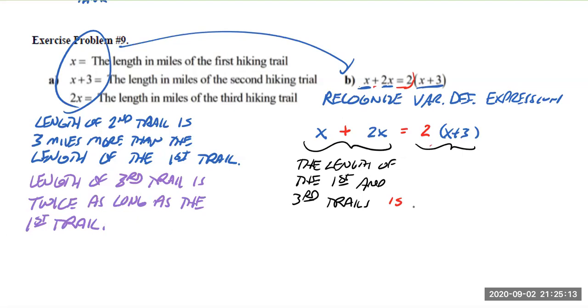So we can say that is the same length as twice the second trail.